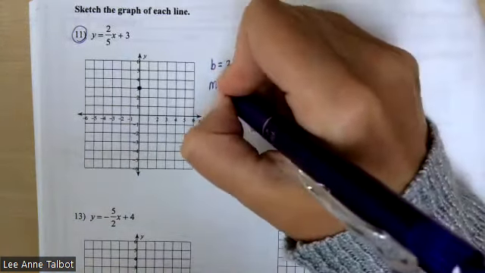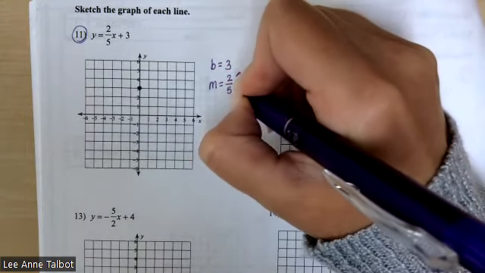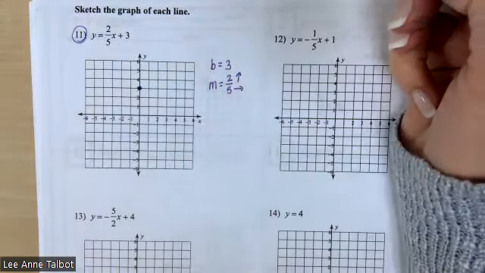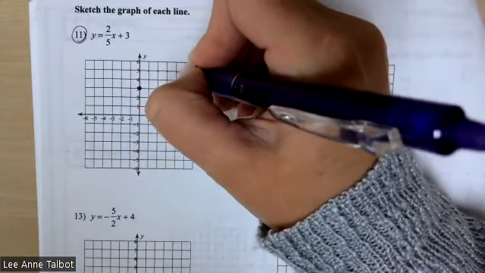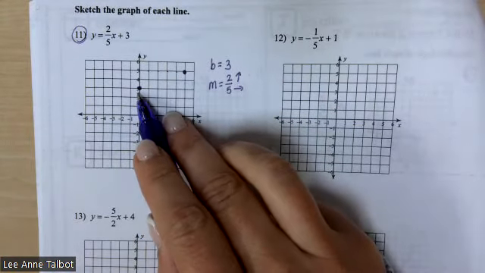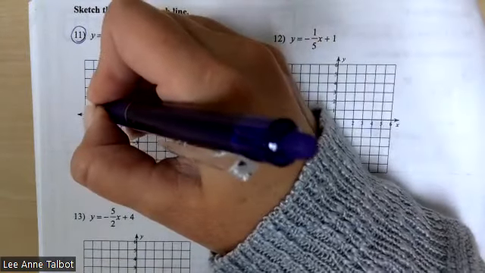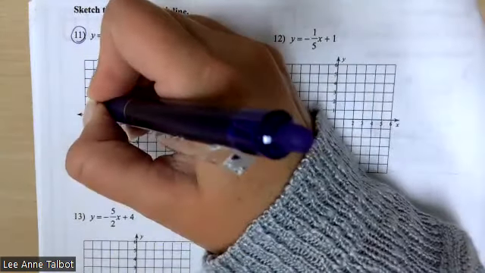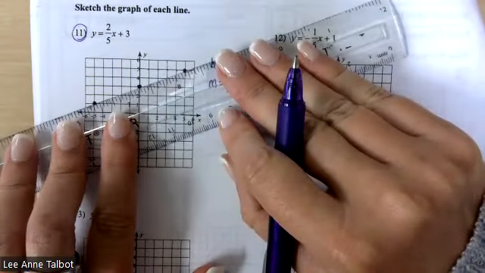And the slope, oh, look at that. It's 2 over 5. So we're going to go up 2 for every 5 we go over. And then I like to also backtrack, because sometimes we run out of graph paper and the only way to find the next dot is to backtrack.